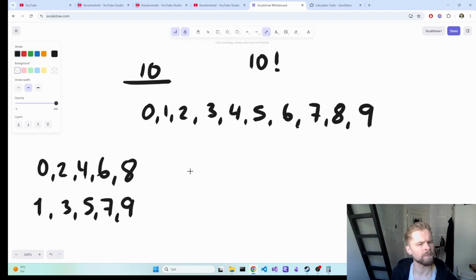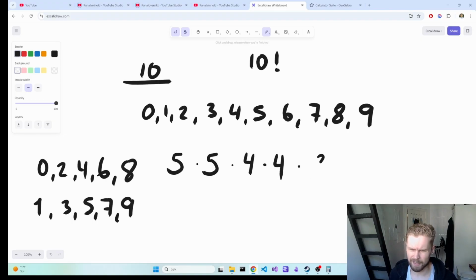Can I? So if I put 5 here, any one of those even ones, all good, then I gotta put one of these odd ones in there, right? Now I gotta put one of these even ones. Now this is not really looking great. I gotta be honest.